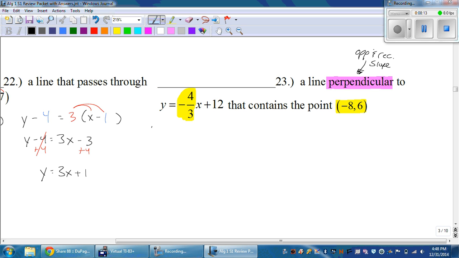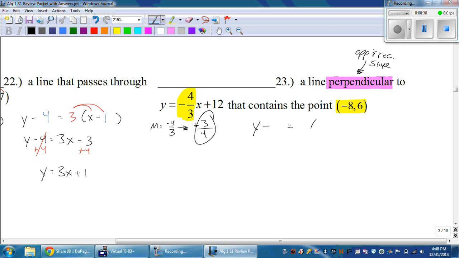So when I steal that slope of negative 4/3, I need to change it to the opposite and reciprocal. Well, it's negative, so the opposite of a negative would be a positive, and reciprocal means I flip it. So I'm going to use 3/4.